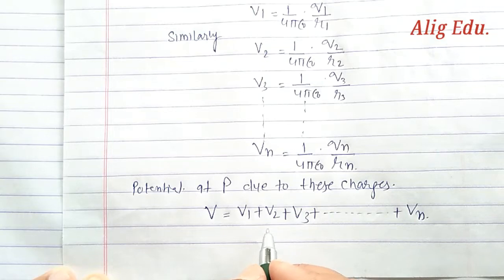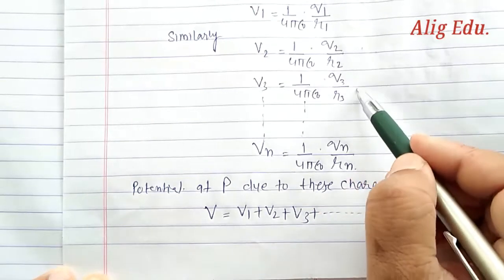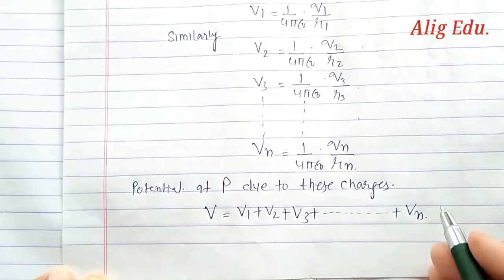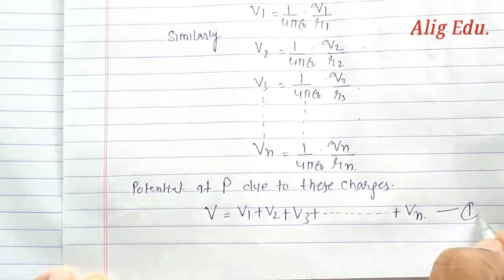Now put all these values of V1, V2, V3 up to Vn in this relation.